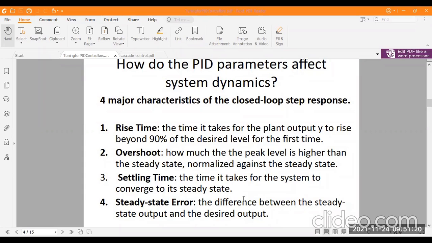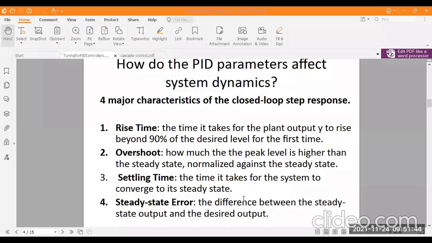This timing, from the starting point to the steady state, is called settling time in our PID controller part. So settling time is the time it takes for the system to converge to the steady state response.